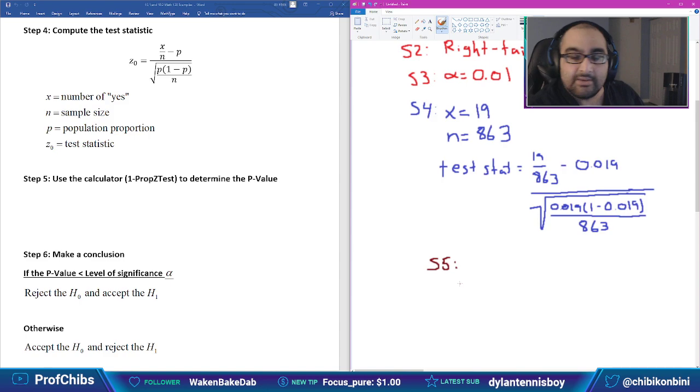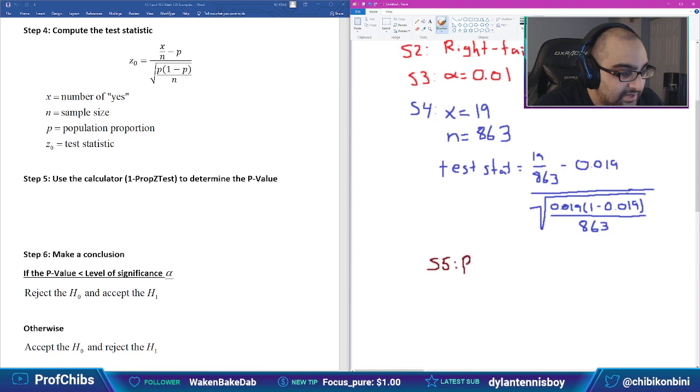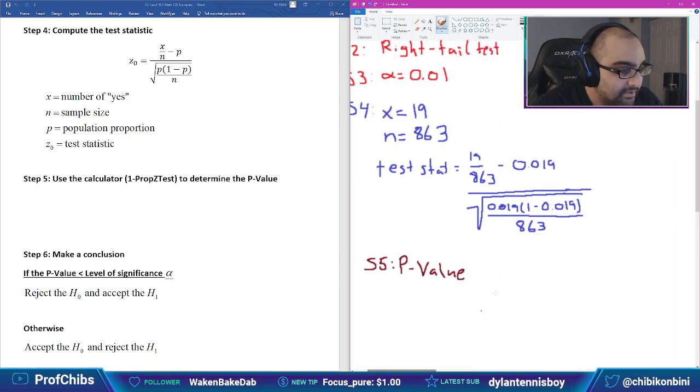Remember, this is a p-value method. It says, use the calculator one prop z-test to determine the p-value. We're going to use all the given information we have and find the p-value along with the test stat from step number 4. So let's go ahead and use the calculator.